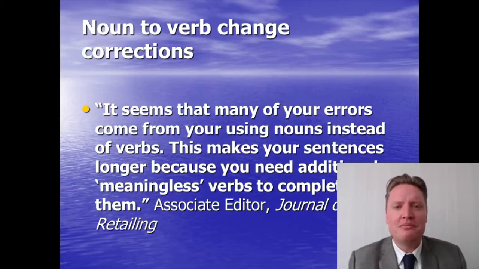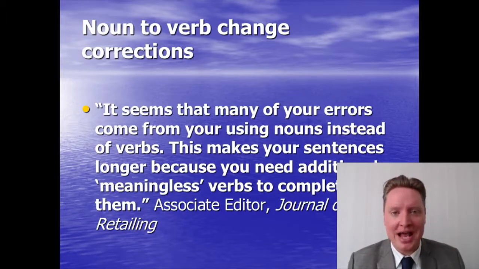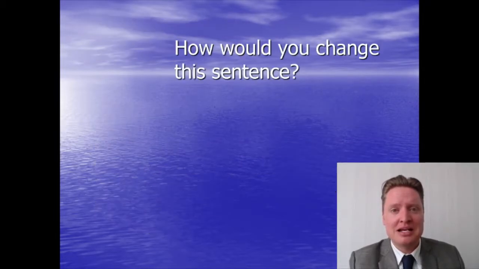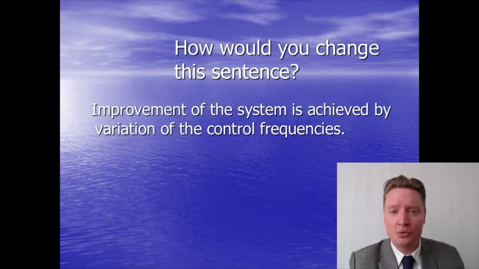A meaningless verb is a verb that has no meaning except to say that it happened. Of course, we know it happened, but we want to know how it happened because we want to be clear. When we change our nouns into verbs, we can be both shorter and clearer, fulfilling both of our goals in academic writing. Let me show you an example of how that would work.